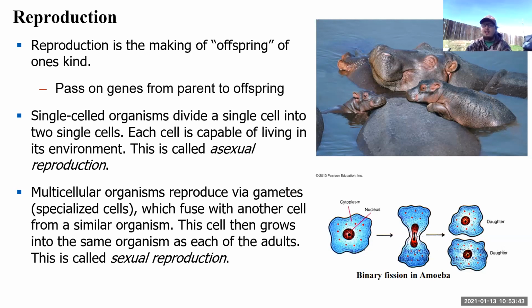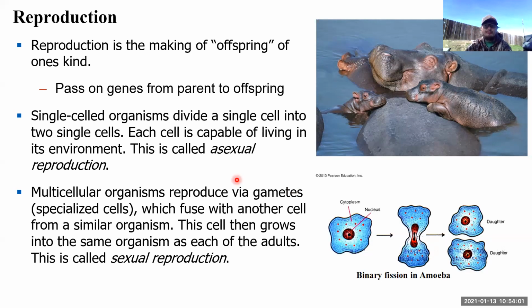That again is passing genes down to the next generation. Asexual reproduction results in genetically identical offspring, whereas sexual reproduction results in a genetically different individual for their offspring.